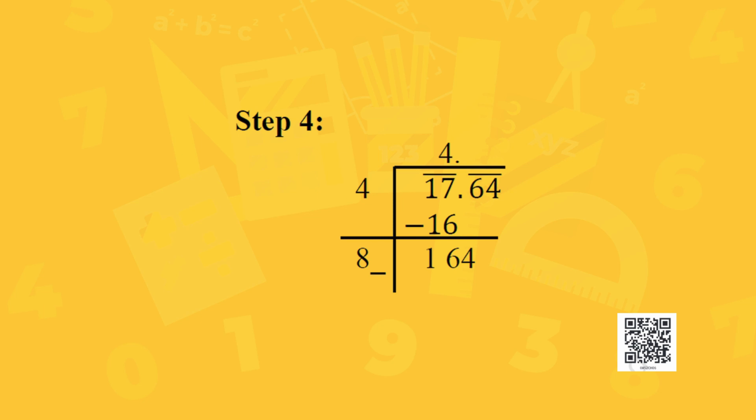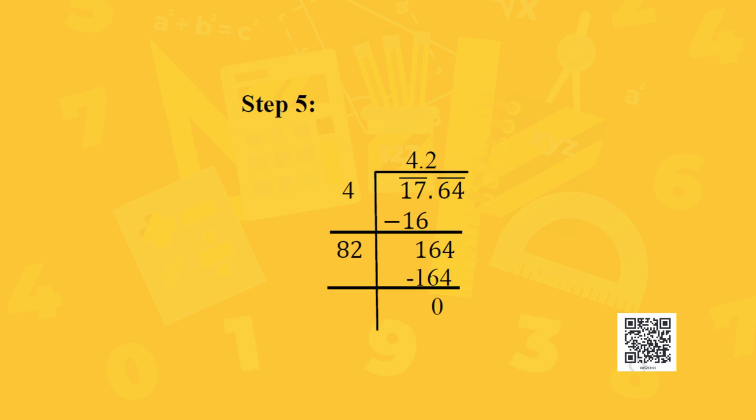Moving on to the step 4. Double the divisor and enter it with a blank on its right. Since 64 is a decimal part, put a decimal point in the quotient. In our case, since the divisor was 4, doubling it, we got 8 and we kept a blank to the right of 8. And we also placed a decimal point in the quotient beside 4. At step 5, we know that 82 times 2 is equal to 164.